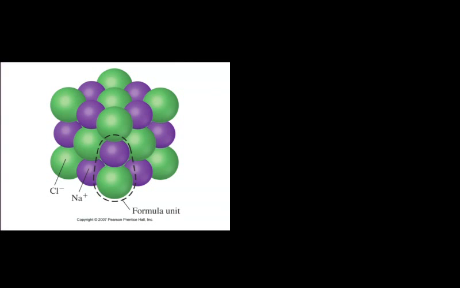Okay, now next question. How do you know if it's an ionic compound or a molecular compound? We got to know that too. So how do we know that? Well, ionic compounds are made up of cations and anions. Remember how we talked about cations as a positive ion and anions as a negative ion?